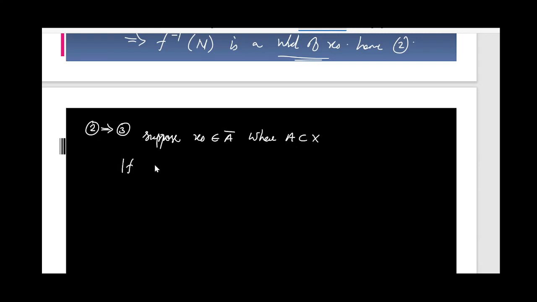If f of x naught does not belong to f of A closure, what will happen? It should belong to the complement of this.